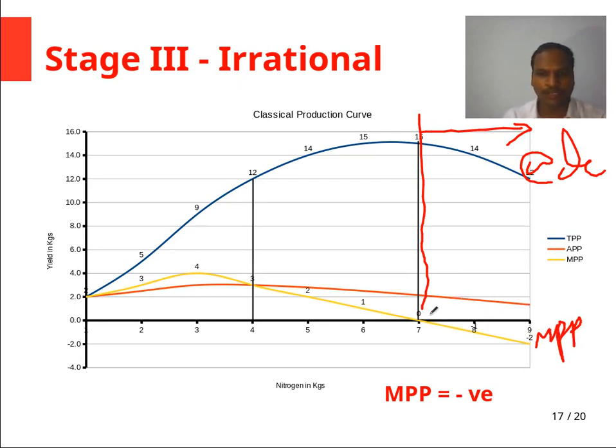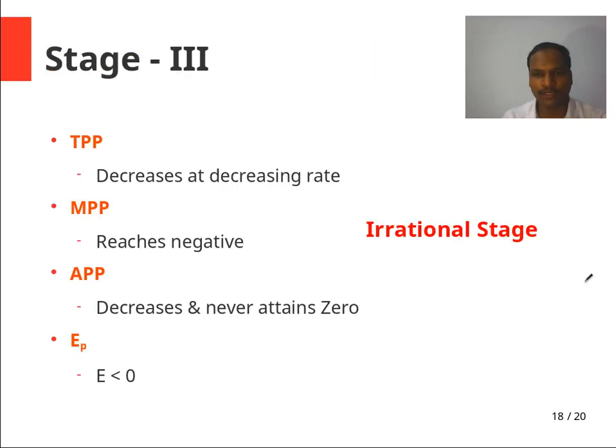The average physical product will never attain 0. The elasticity will also be negative, because MPP negative means the elasticity will also be negative. So in stage 3 we can see that TPP is decreasing at decreasing rate, MPP reaches negative, APP decreases and never attains 0, and the elasticity of production is less than 0.